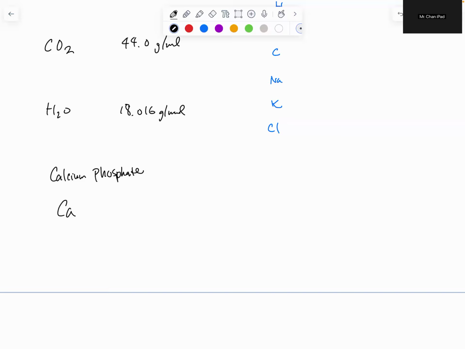What's the chemical formula? Wonderful. Yes, calcium phosphate. And then go ahead, get the molar mass.